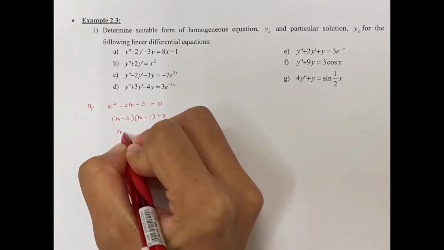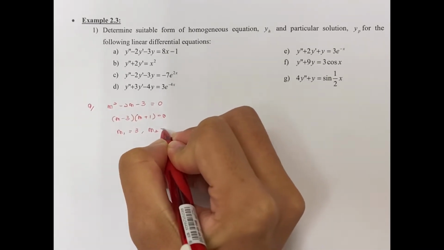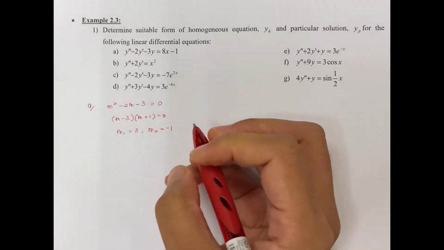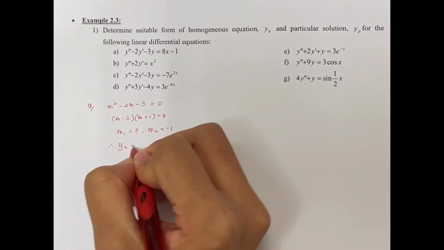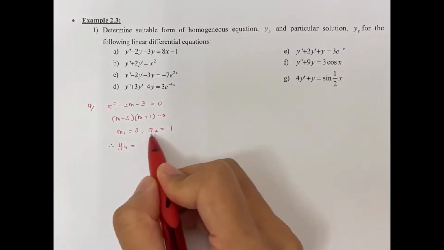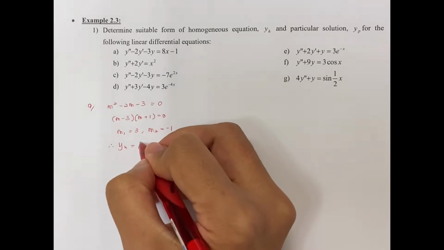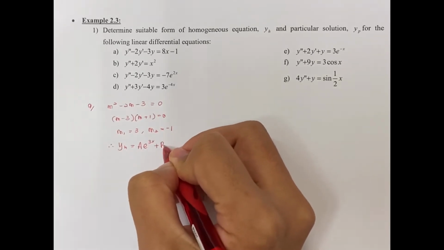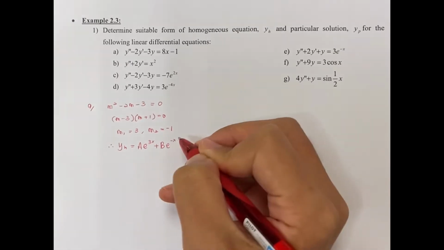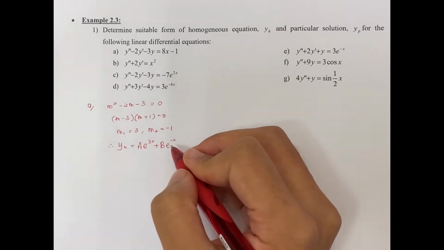So your m1 is equal to 3 and your m2 is equal to minus 1. So you have your YH. The roots are real and distinct, so you have A exponent 3x plus B exponent negative x. This is from the previous table in subtopic 2.1.